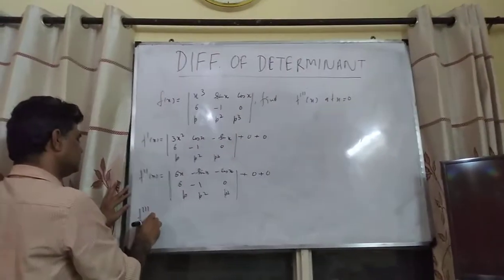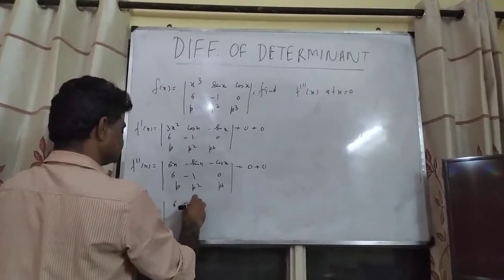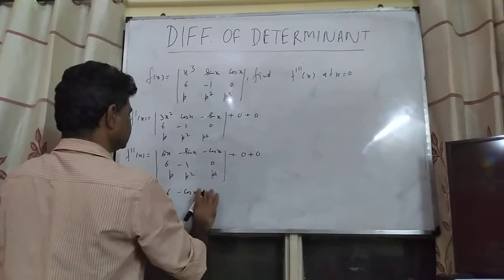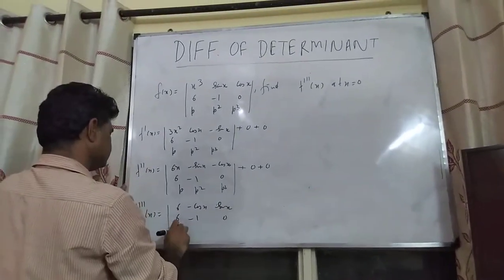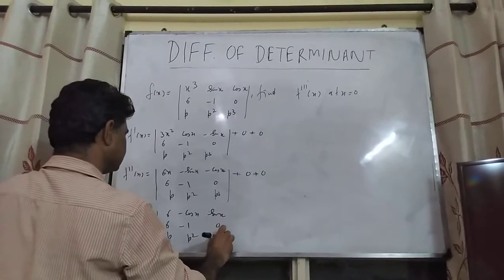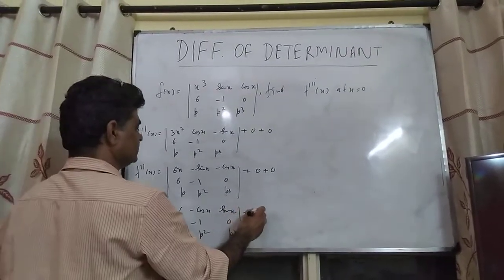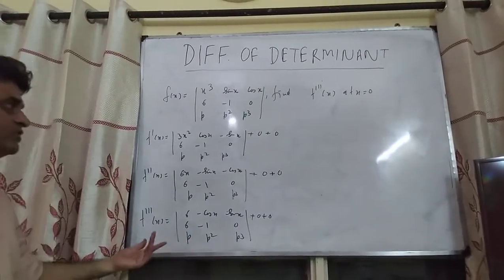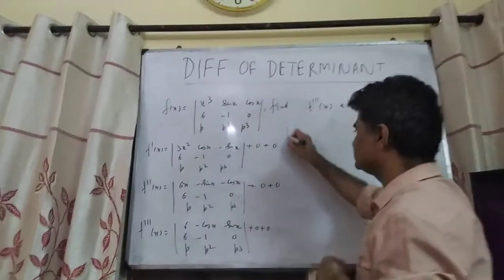So once again we are going to differentiate. You can see it is 6, −cos x, and +sin x; 6, −1, 0; p², p, p³. Again, the remaining two will be 0, so we are getting this only, and we have to find the value of f‴(x) at x = 0.